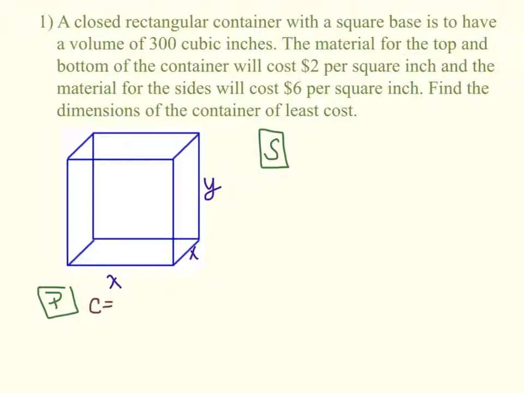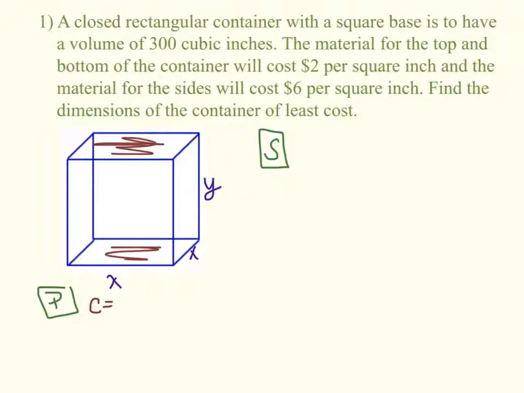All right, now I need to figure out how to write an equation for the cost of this box. Well, it says the material for the top and the bottom will cost $2 per square inch, and the material for the sides will cost $6 per square inch. I notice the words square inch, which tells me, of course, that I'm talking about area. So I have a top and a bottom, and they will cost $2 per square inch.